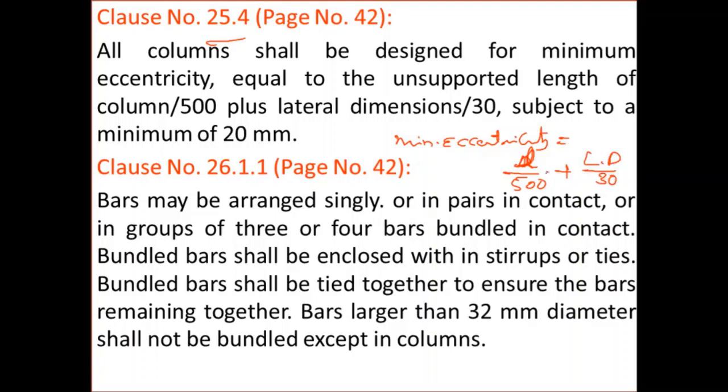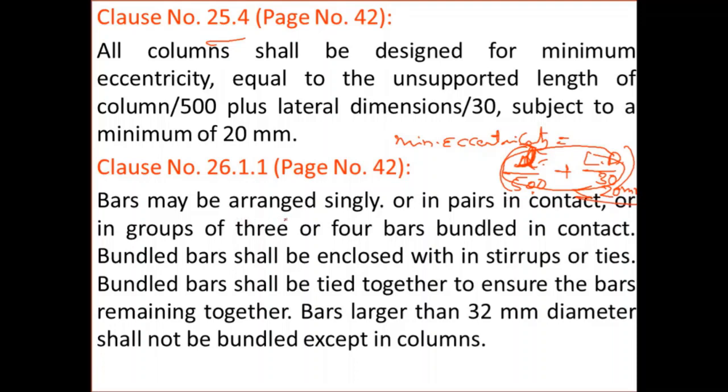L means unsupported length. So unsupported length divided by 500 plus lateral dimension by 30 is considered as the minimum eccentricity. But in no case can it be less than 20 mm.